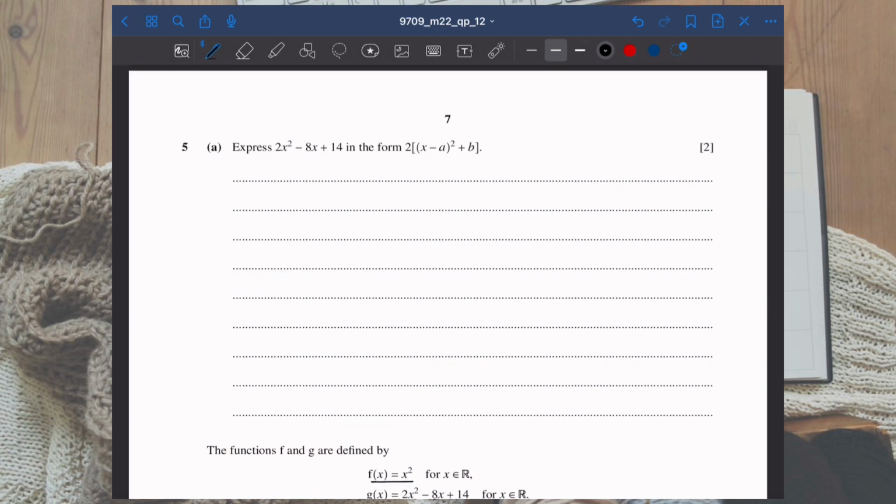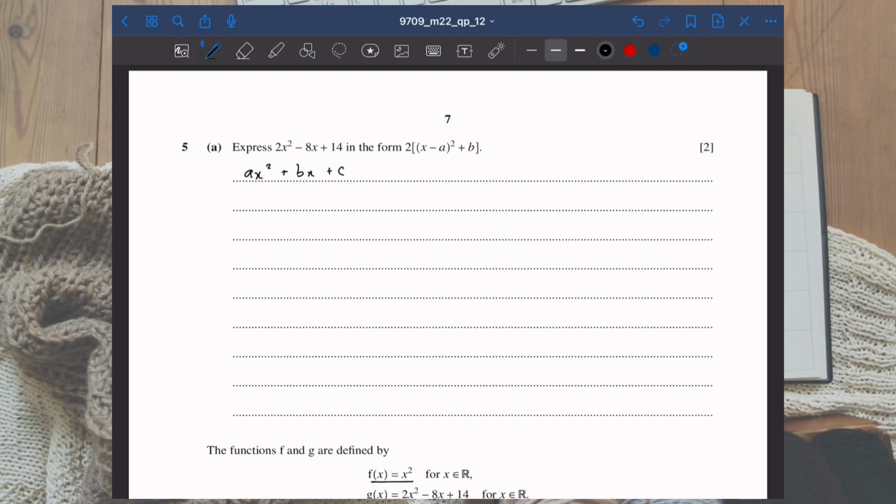Question 5, part A. Express 2x squared minus 8x plus 14 in the form 2(x minus a) squared plus b. So in any quadratic expression, the general form will be ax squared plus bx plus c.